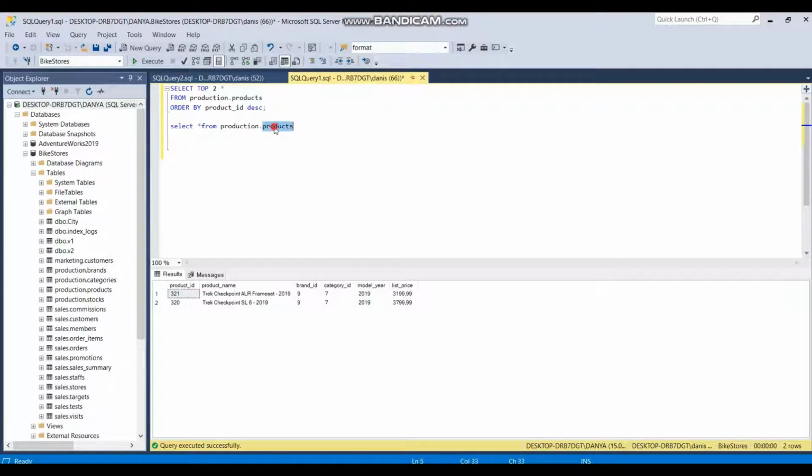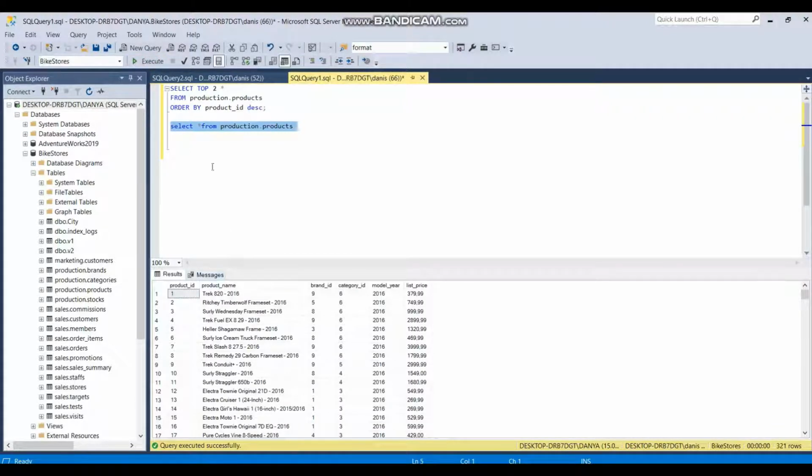There is of course a difference between T-SQL and SQL, and one of them is, let's say, this is my schema and this is my table. Don't worry about this, I'm going to walk you through everything. I'm going to retrieve all these columns and rows from the production.products table. But I want to retrieve just the first two rows.